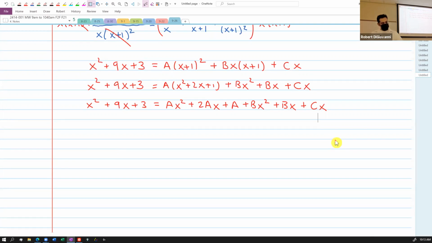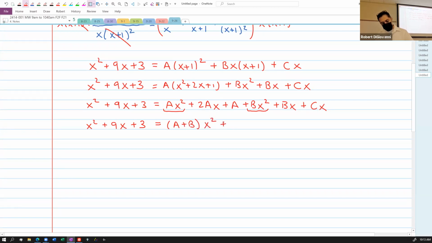Collect like terms. I'm going to collect like terms and factor out at the same time, just to save myself a little bit of time. This and this are the only x squared terms I have. So I would have Ax squared plus Bx squared, and I factor the x squared out, which leaves me with A plus B, x squared plus, and then the only things that have x in them are here.